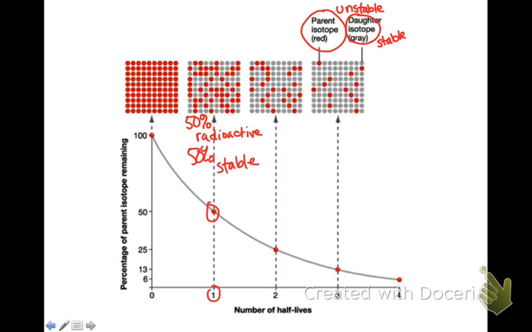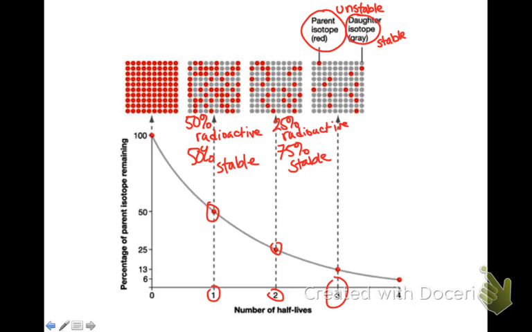After a second half-life has passed, half of the remaining radioactive atoms would have decayed, leaving you with only 25% being radioactive, and the remaining portion being stable. So now we're up to 75% of our original sample. Those atoms are now stable. And so on and so forth.